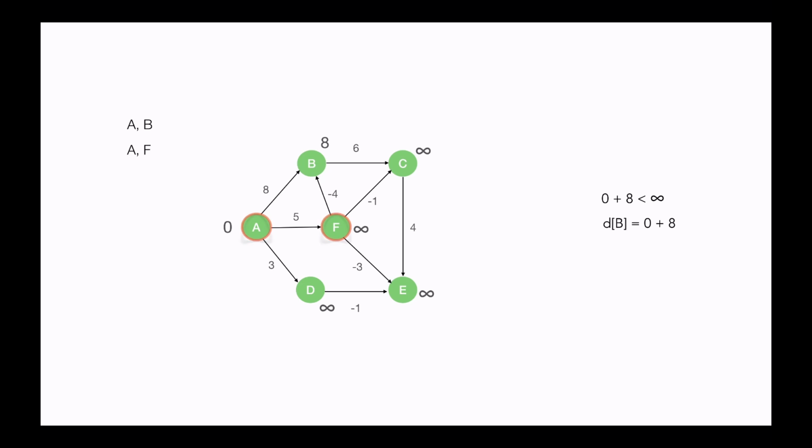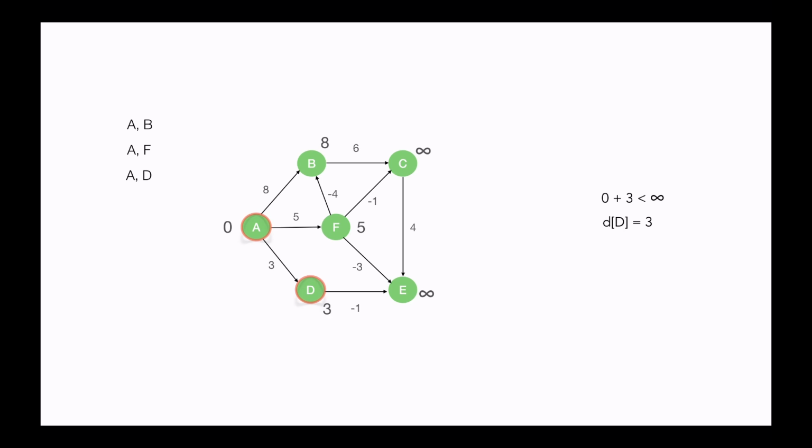Again, the distance at A is 0 and the distance at F is infinity, and the cost is 5. So 0 plus 5 is smaller than infinity, so we update the distance of F to 5. Next pair is AD. Again 0 plus 3 is smaller than infinity. We update the distance of D to 3.